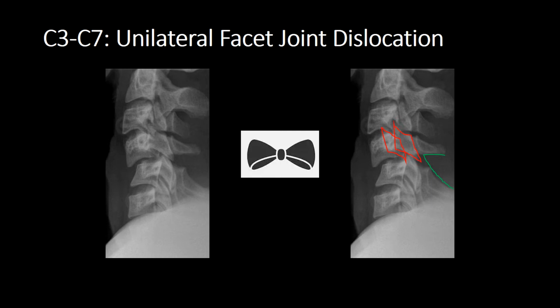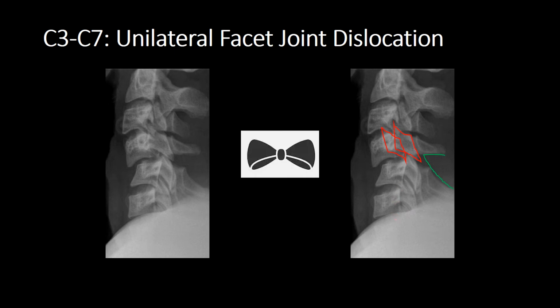Now, be careful. If you don't have a true lateral cervical spine, if your patient is rotated, the facets will not be superimposed. So you will get a false impression of a unilateral facet joint dislocation if your patient is rotated. But if we look carefully, the inferior aspects of the articular pillars and facets are pretty much superimposed.